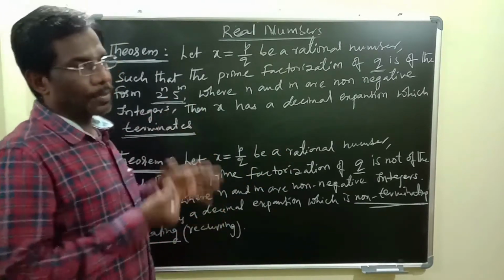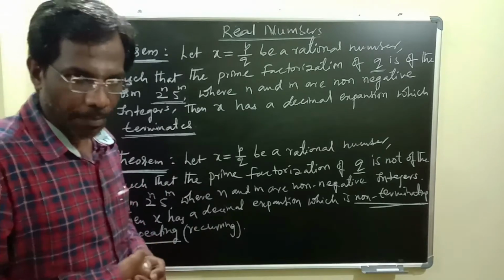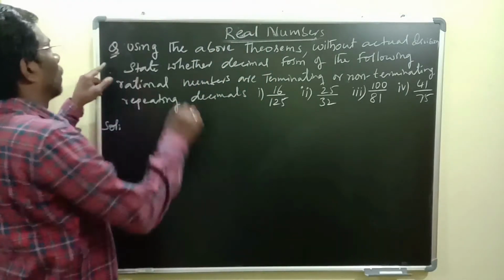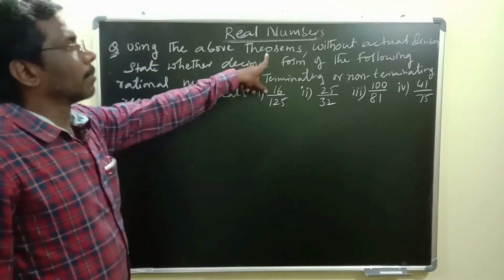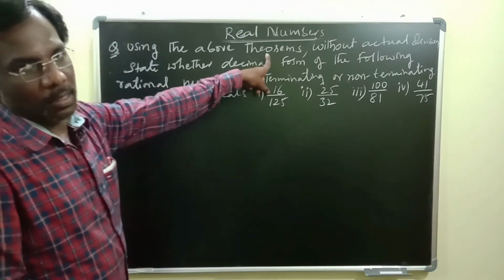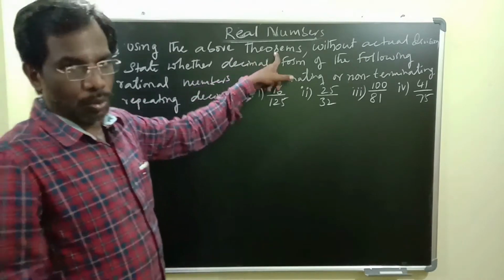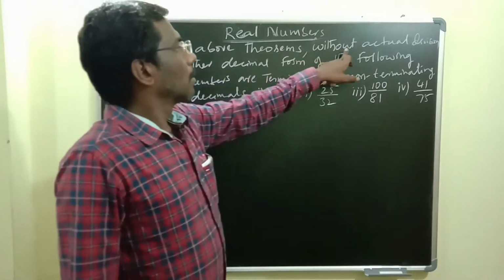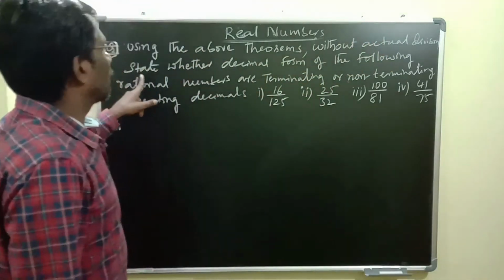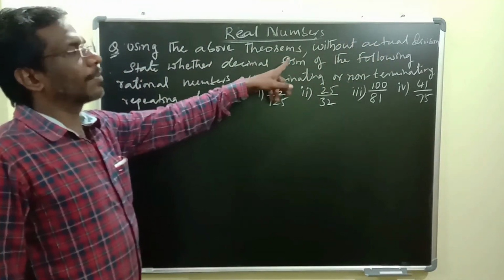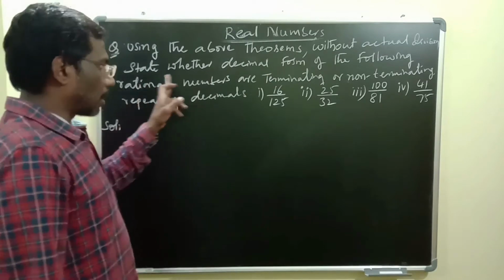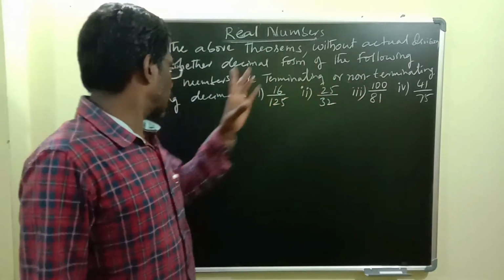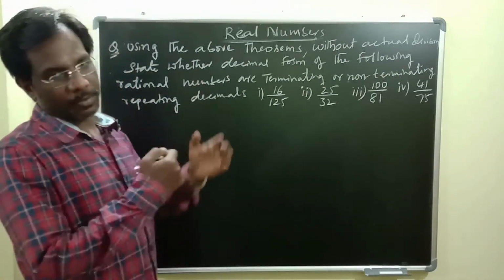By these theorems, now we are going to do some problems. Here is the question: using the two theorems we discussed now, and without actual division, state whether the decimal forms of the following rational numbers are terminating or non-terminating repeating decimals.